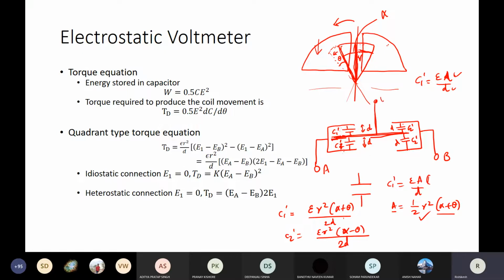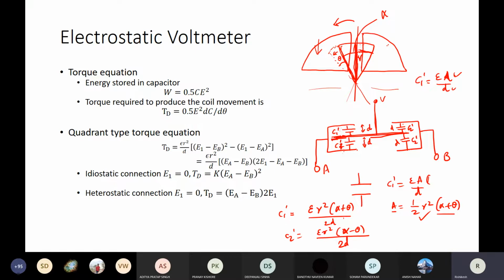Let's say this is at some potential V. Parallel, right?